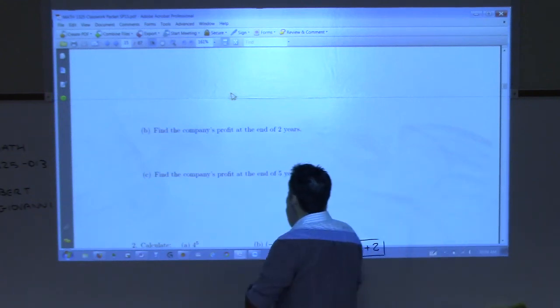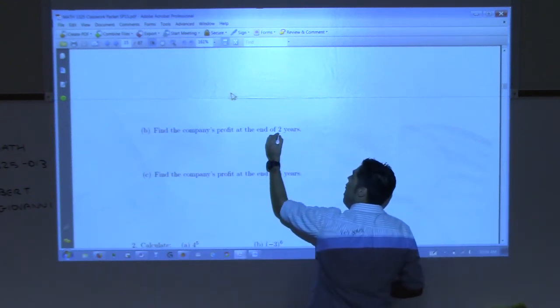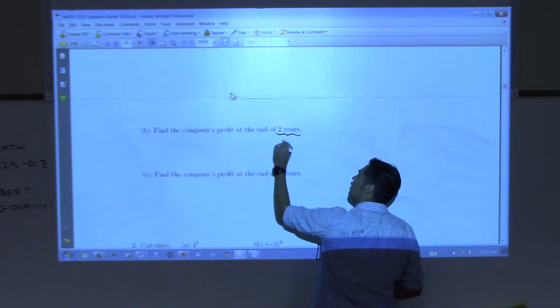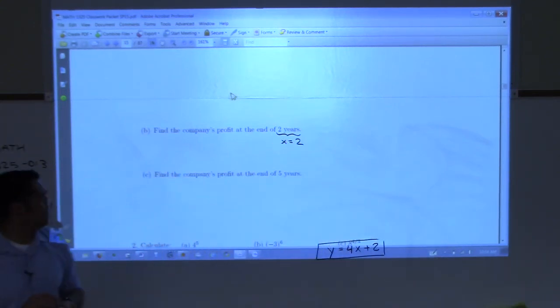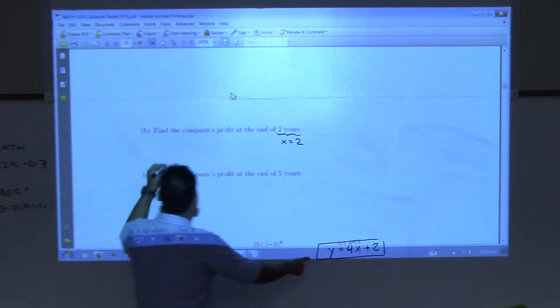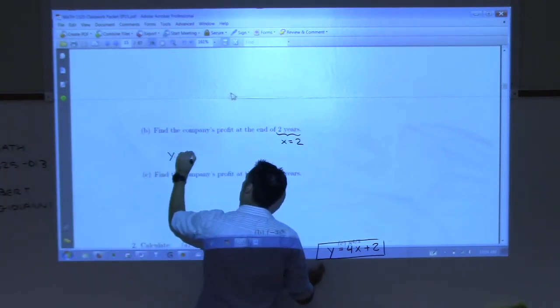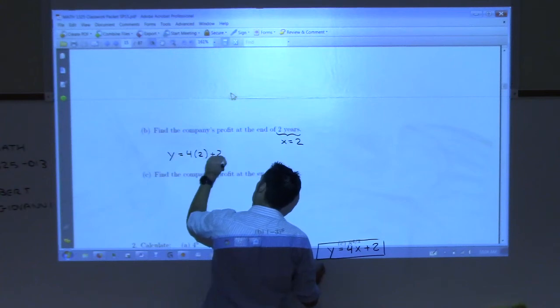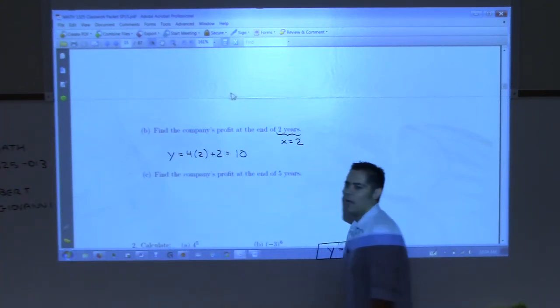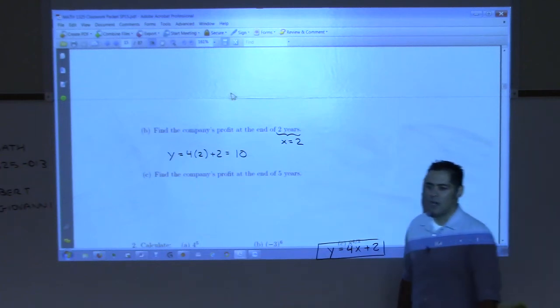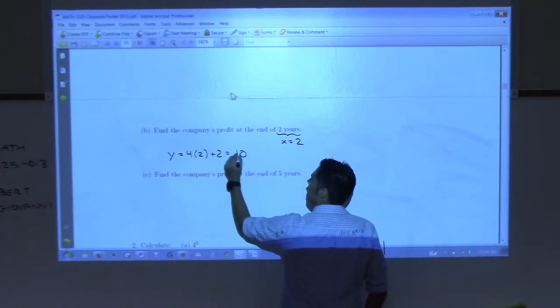So find the company's profit at the end of 2 years. 2 years means that x is 2, right? Remember, x was the years, so that means x is 2. And so I go into my formula, y equals 4 times 2 plus 2, and that's going to give you 8 plus 2 is 10, but 10 what? $10 million.